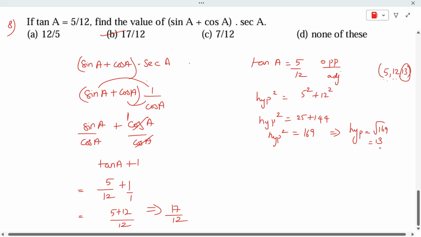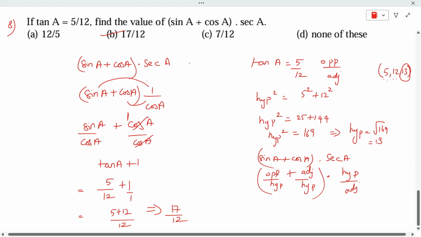Okay, so now I know the hypotenuse, so I can substitute the formula for sin A. So what is sin A plus cos A into secant A? Sin A is opposite by hypotenuse, plus cos A is adjacent by hypotenuse, into secant A, which is hypotenuse by adjacent.